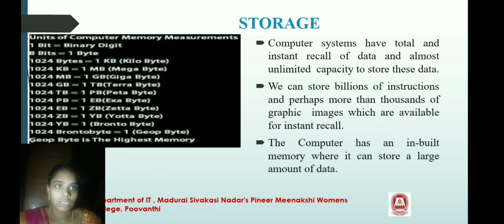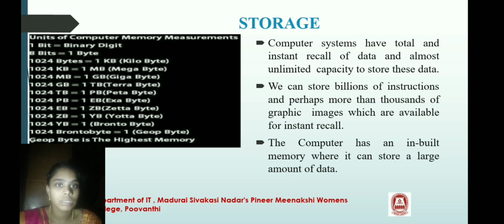And storage. Computer systems have total and instant recall of data and almost unlimited capacity to store this data. The main thing about storage is recall. As humans, we may lose certain things in future, but a computer does not forget the data.